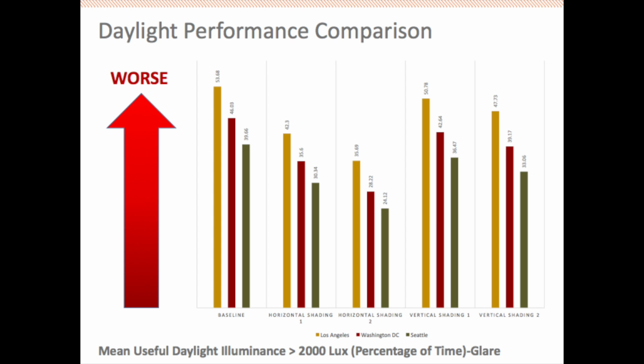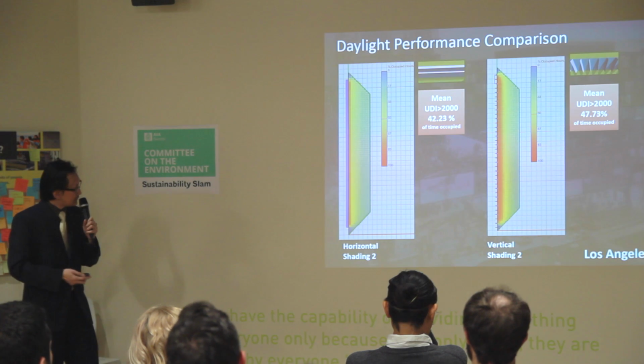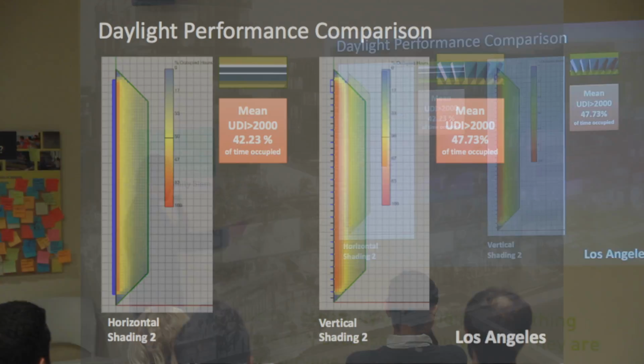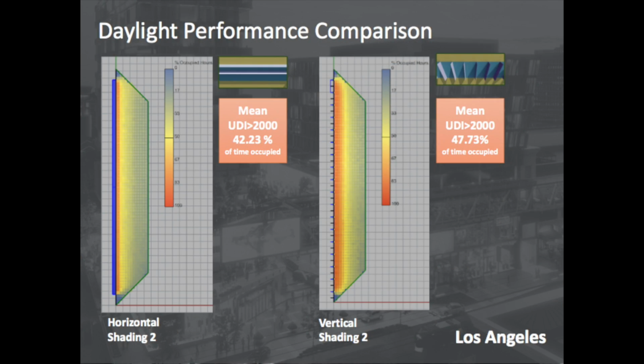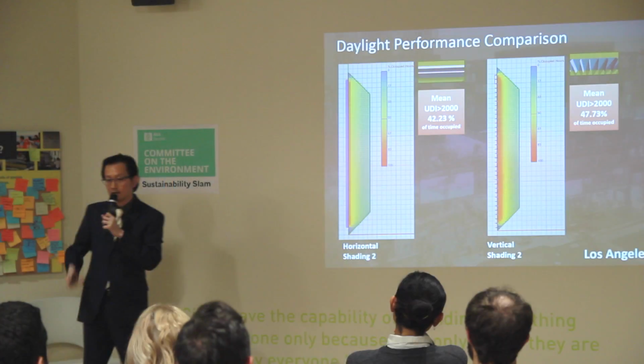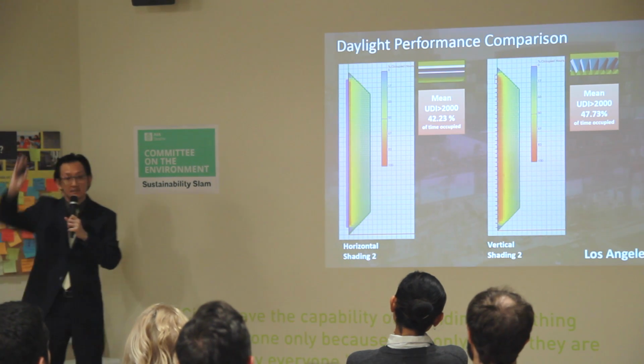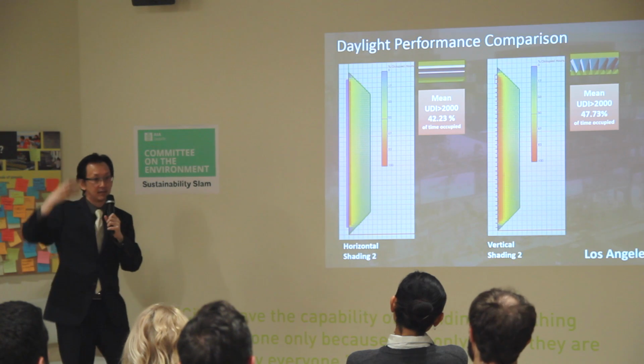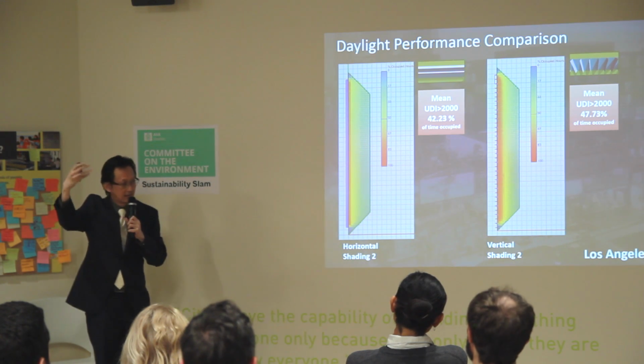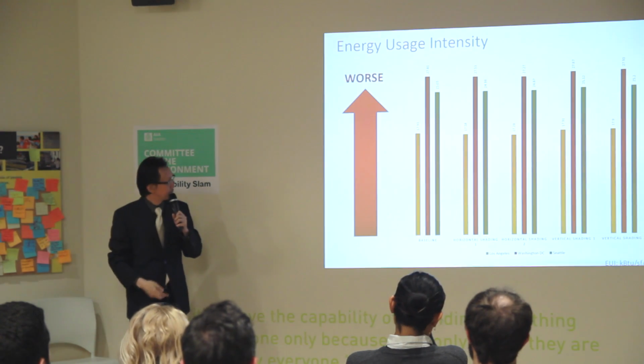So you can see the baseline is the worst one because you don't have any shading at all. And again, horizontal actually performs better than the vertical shading device. In the perimeter, the vertical shading device has a lot of direct sun because typically when you design a vertical shading device, you just follow the height of the window and don't extend it above the window. So the sun still penetrates from the angle of the sun.